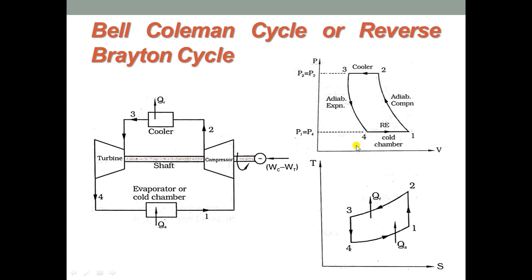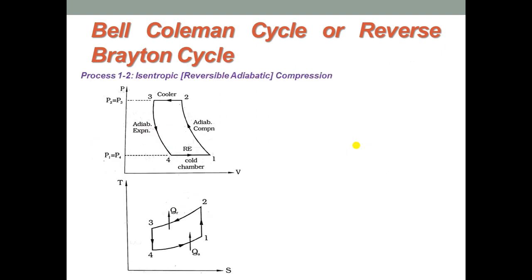The first process here is isentropic compression, which is also called reversible adiabatic. The warm air leaving the evaporator enters the compressor at condition 1, where it is compressed isentropically to condition 2 as shown in the PV and TS diagram.